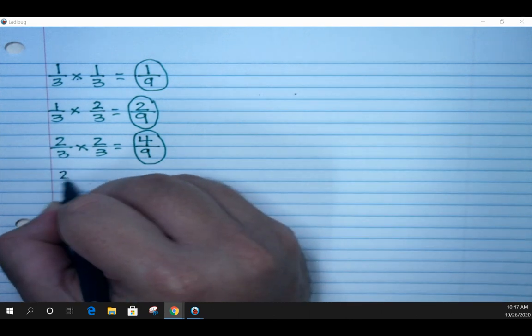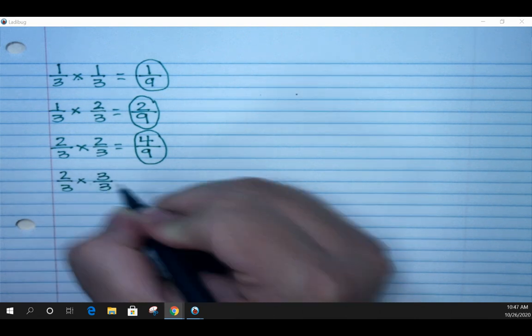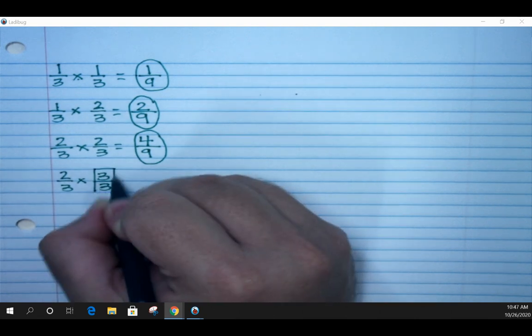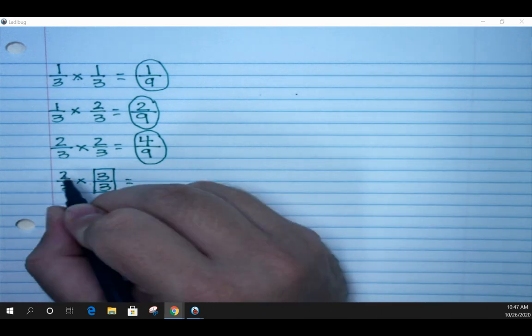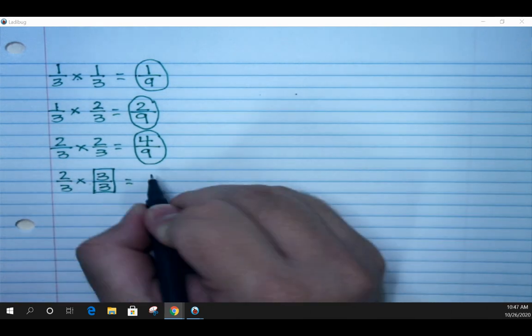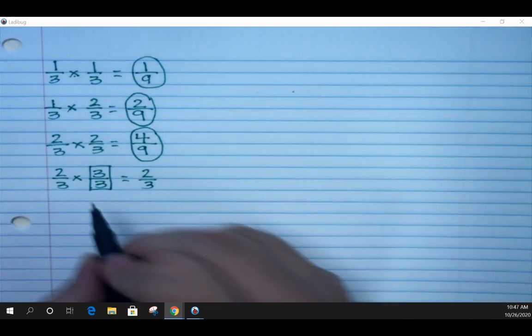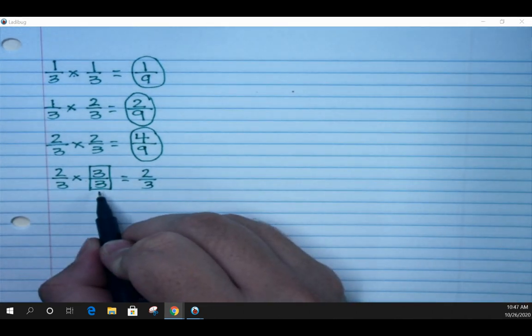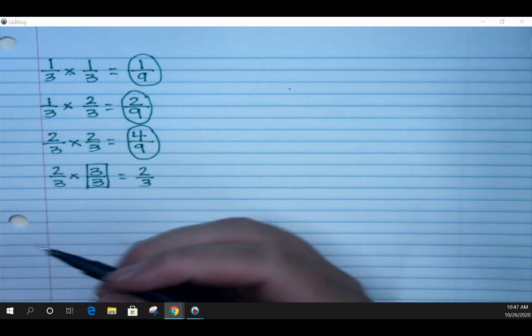What about 2/3 times 3/3? Look here. Save yourself trouble. 2/3 times 3/3 is 2/3. How do I know? Because 3/3 is a form of 1, and anything times 1 stays the same.